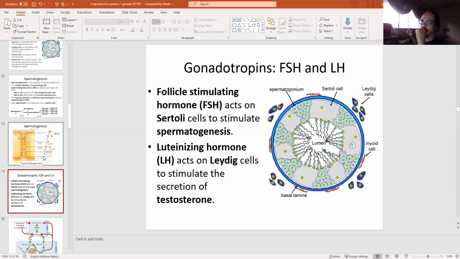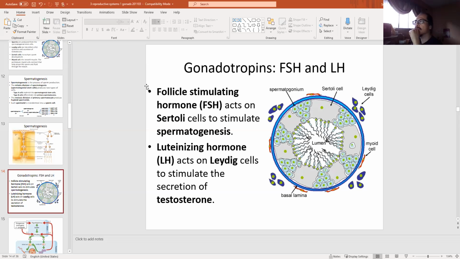So this is triggered by two major hormones. These two major hormones are follicle stimulating hormone (FSH) and luteinizing hormone (LH). These two hormones are produced in the anterior pituitary gland, in the lower portion of the brain.